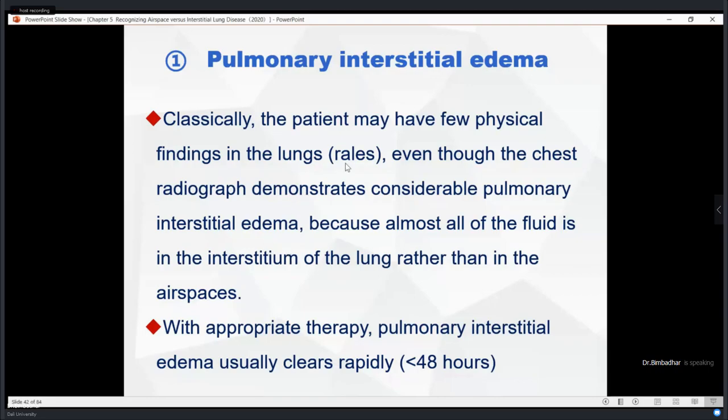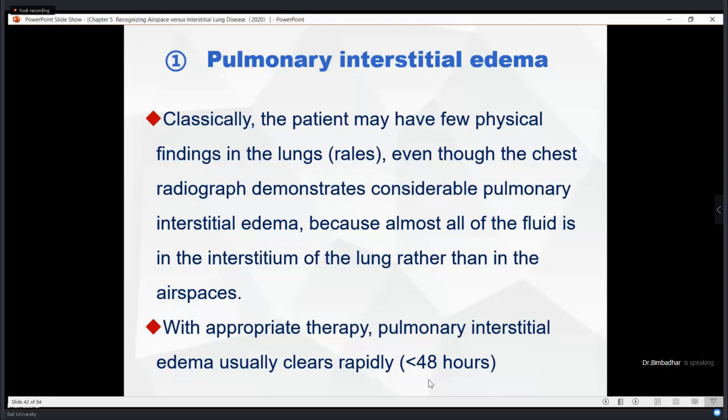You have to try to differentiate between crackles, rales, tracheal sounds and bronchial sounds, which you will learn in your diagnostics class when the teacher teaches you about these lung sounds. Try to pay attention. Yes, pulmonary interstitial edema patients generally present with rales, and with appropriate therapy, these rales clear rapidly within 48 hours.